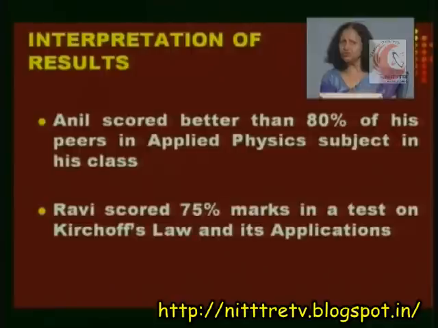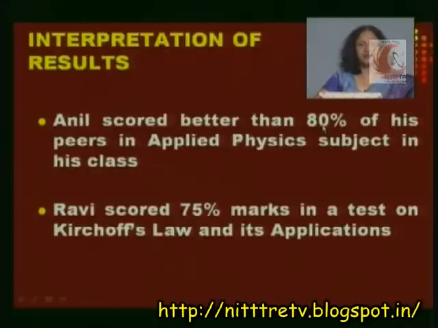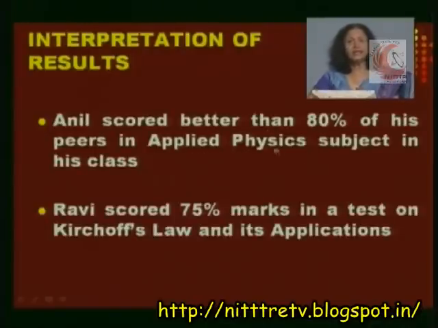Are these two situations the same? You see, in the first instance when we say 80%, an important thing is 80% of peers in his class, and the subject matter is the applied physics total subject.